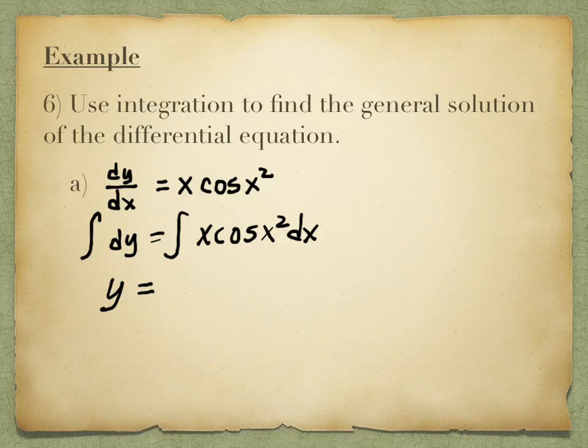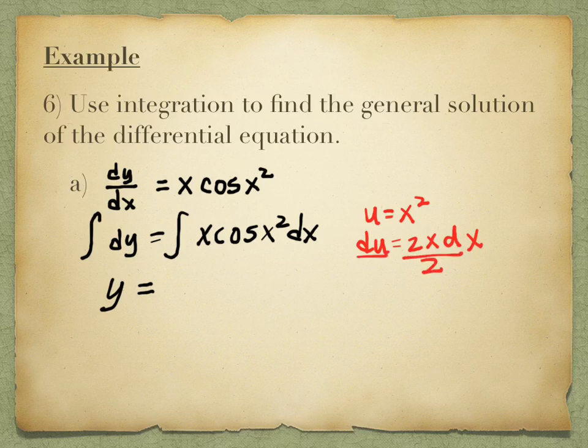Okay. Now, what method do I need to use to do integration on the right-hand side? U substitution, right? So what would you like to let u be, Cameron? X squared sounds excellent. And then du would be 2x dx, thank you. That's actually much more specific. And then we'll divide by 2. So when I'm rewriting this piece, I've got a 1/2 times the integral of what? Good, cosine of u du.